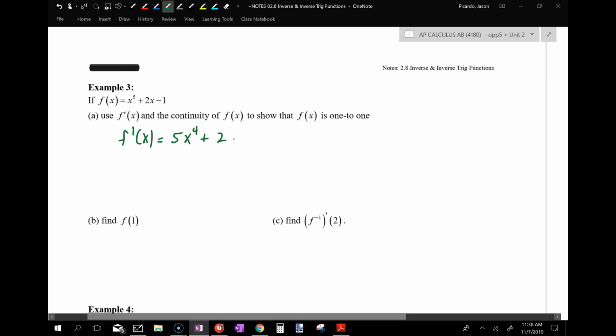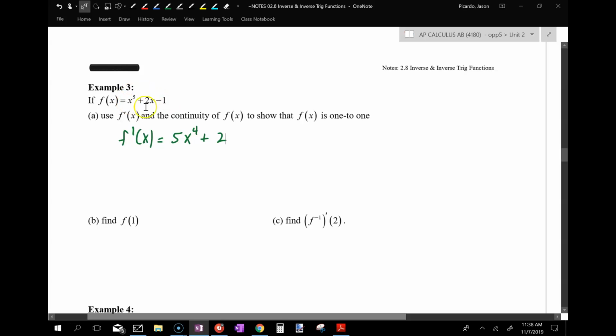If I plug in +1, what do I get? 7. Is there a value that you can plug into this function that gives me something less than 0? Why not? Because this is an even function, and then I'm adding something to it, and multiplying by 5. There's no way that this is ever going to be a number less than 0, right?